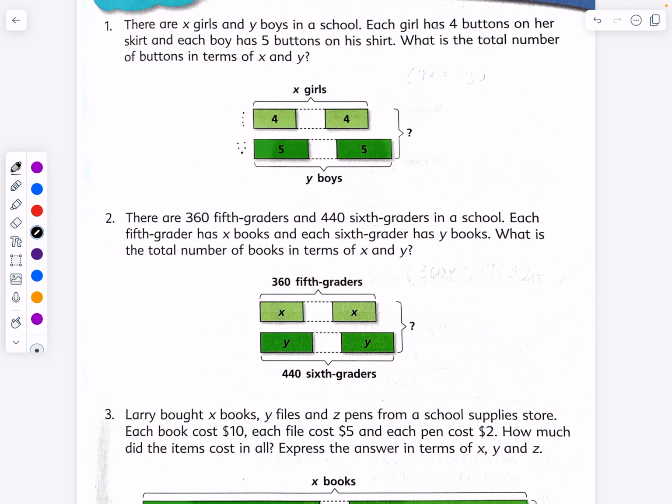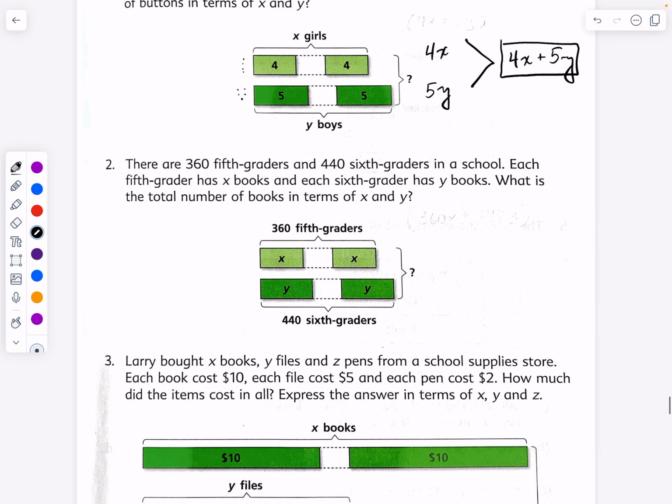X girls, 4X. One boy has 5 buttons. Y boys is 5Y. How to write it as a single expression? Just like that: 4X plus 5Y. So we wrote an expression. We translated English into algebra.